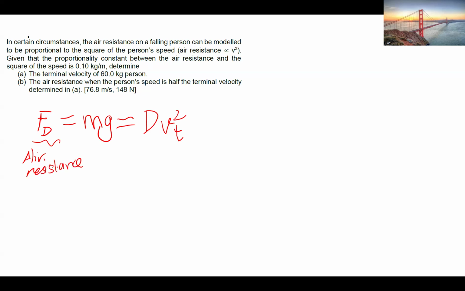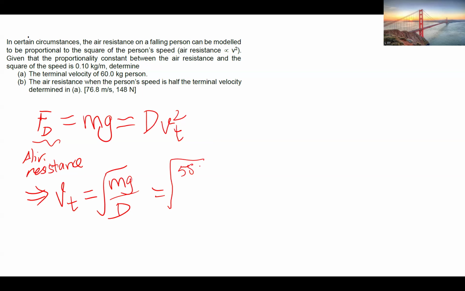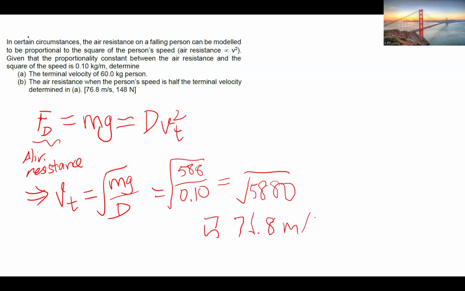Since mg equals d vt squared, we can determine vt equals the square root of mg over d, which equals the square root of 588 over 0.10, so the square root of 5880, which is about 76.8 meters per second. And that's our answer for the first question.